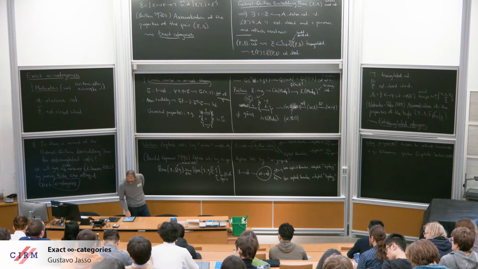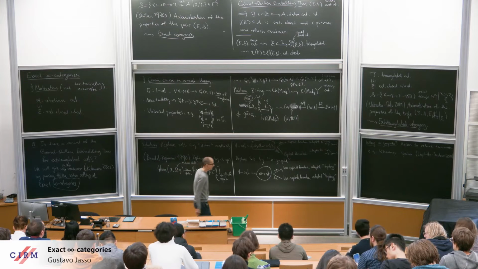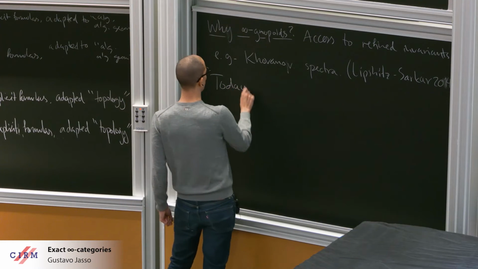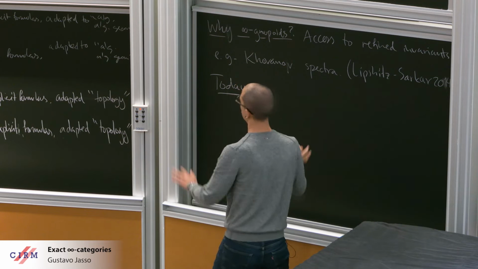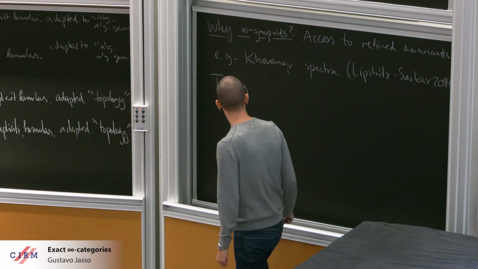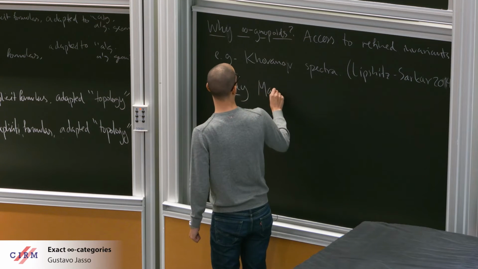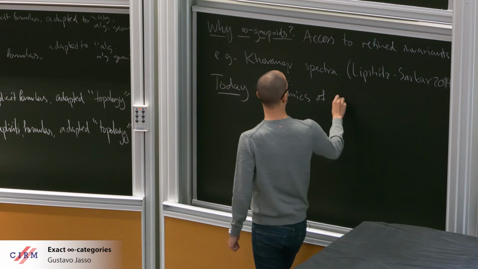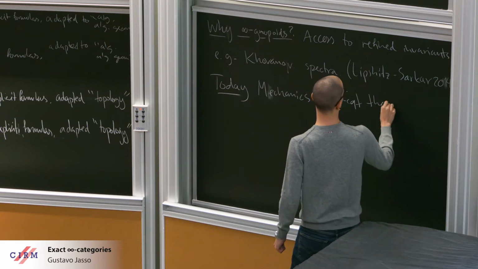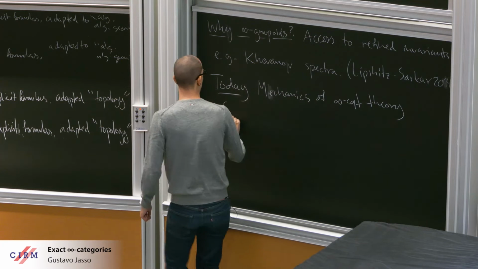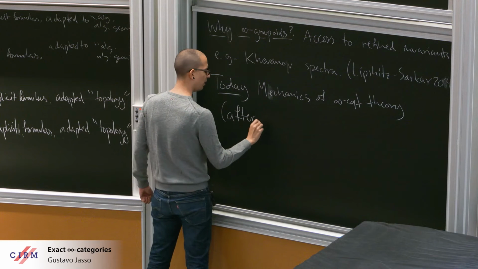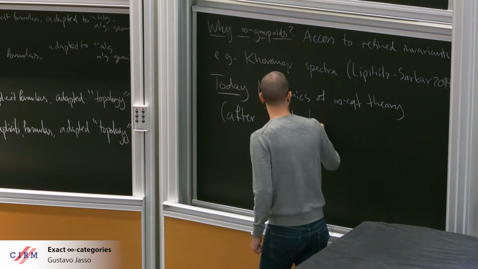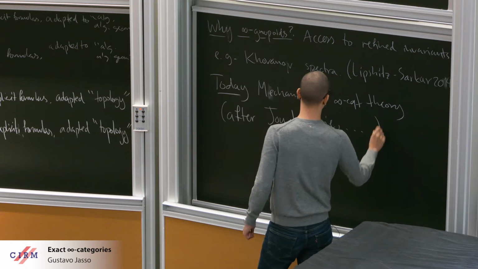Okay. Good. So today, I hope you have some motivation now that it's reasonable to work with infinity categories. So today we will discuss some of the mechanics of infinity category theory, after the work of Joyal, Lurie, and several others.